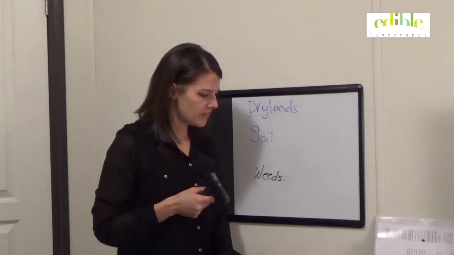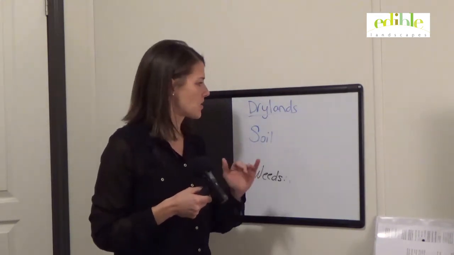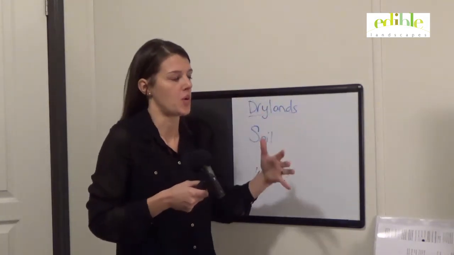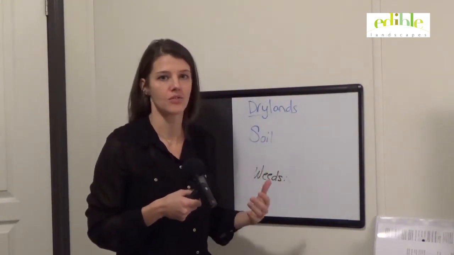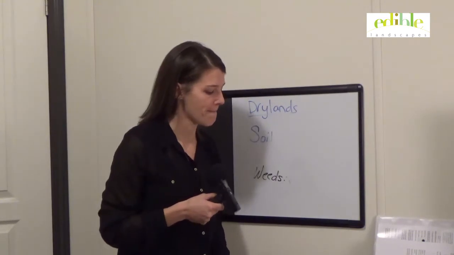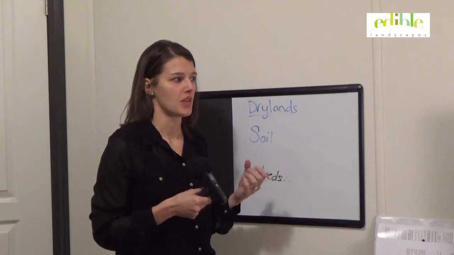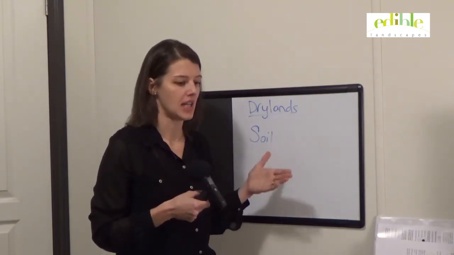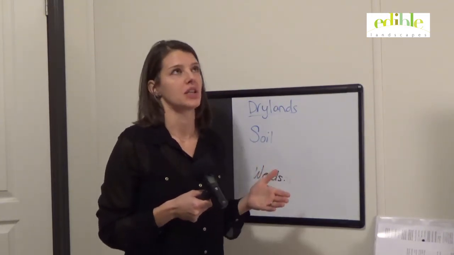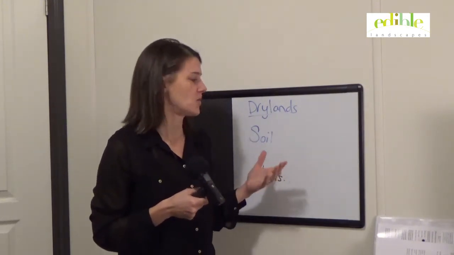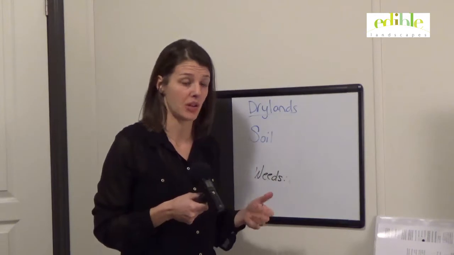And unless you extend the water and you are able to gain more water on that property, you're not going to get very much of a result whatsoever. But because everything is so concentrated there, the quality of the food in the dry lands is some of the highest that you'll experience anywhere.